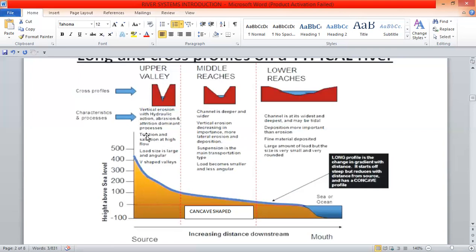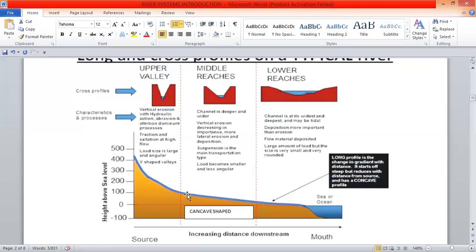The load in this stage is very heavy. The size is large and more angular. It's large. That's why the transportation is traction and saltation. And there is a V-shaped valley. The shape of the valley is V-shaped in this stage of the longitudinal.